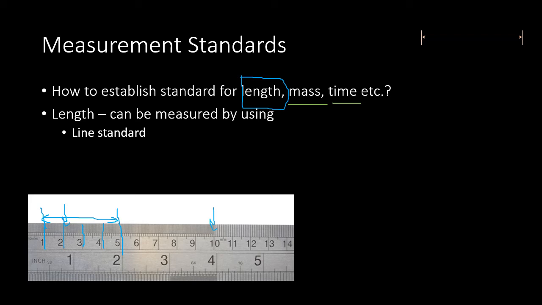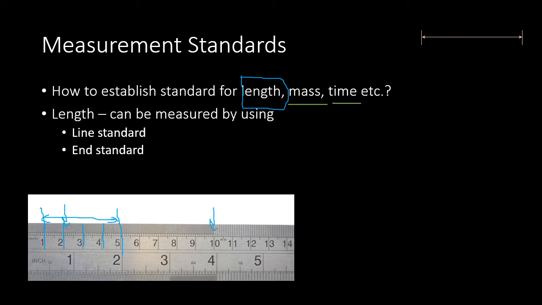Then we are referring to a line standard. So when we say line standard, we mean that the length is regarded as the distance between the lines inscribed on the surface of a measuring instrument. A steel scale and a vernier caliper are examples of line standard.